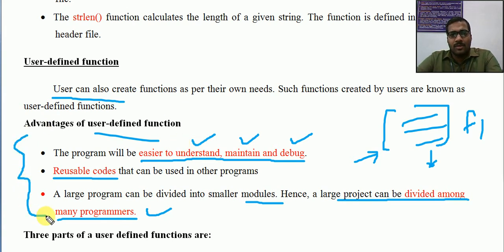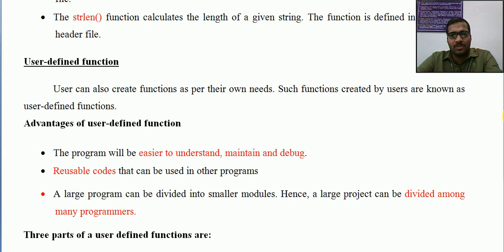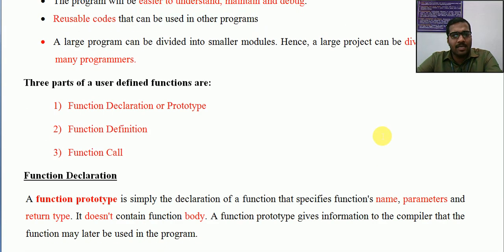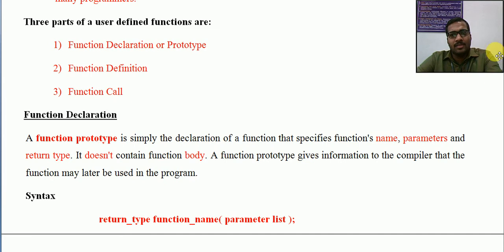Now these are the basics regarding what is a function, advantages of functions, why we are using functions, types of functions, etc. Now let us come a little closer to the function in C. We will be looking at user defined functions only, because for predefined functions we are not going to write anything; if we know the function name, we can directly use it.